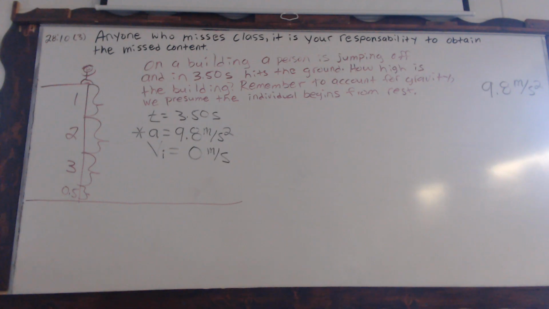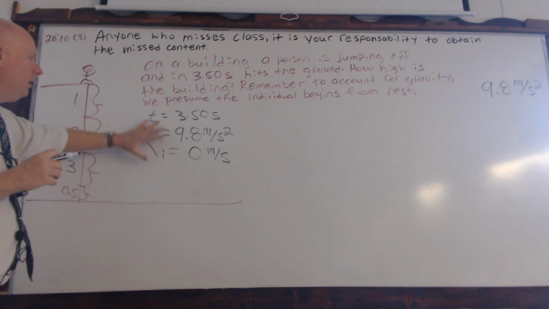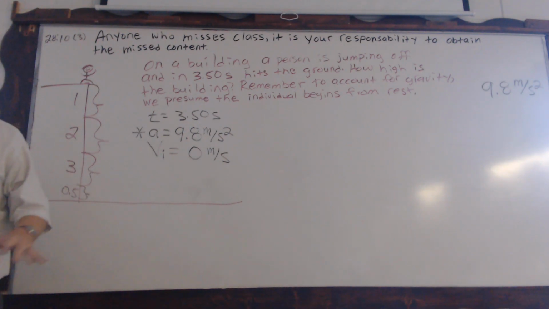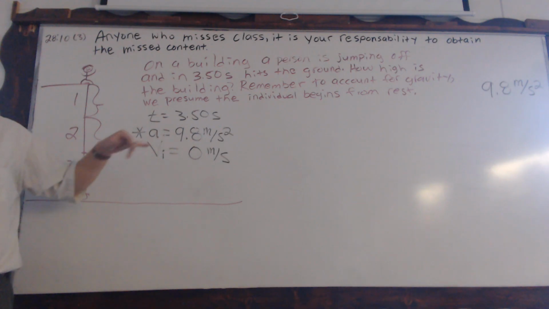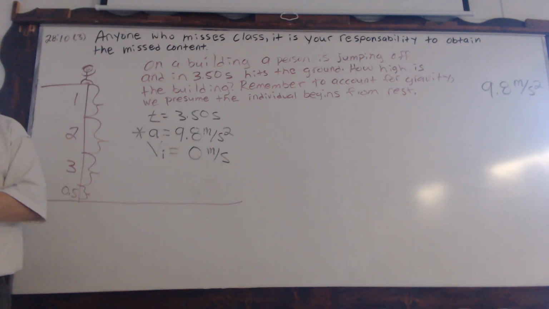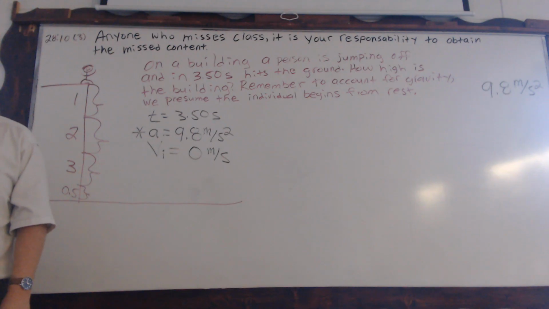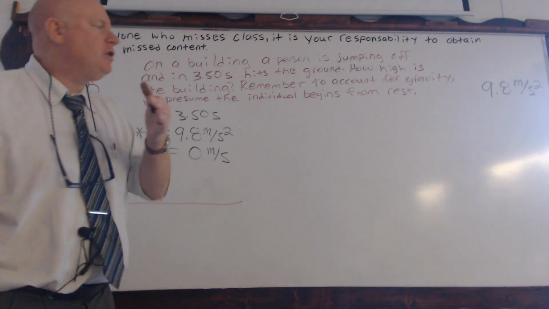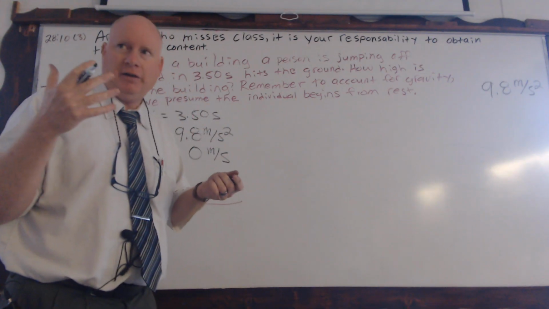So look at the information that we have, and what could you solve for by looking at that formula? You could do 9.8 times 3.50. You probably looked at your acceleration formula, so let's go ahead and do that.